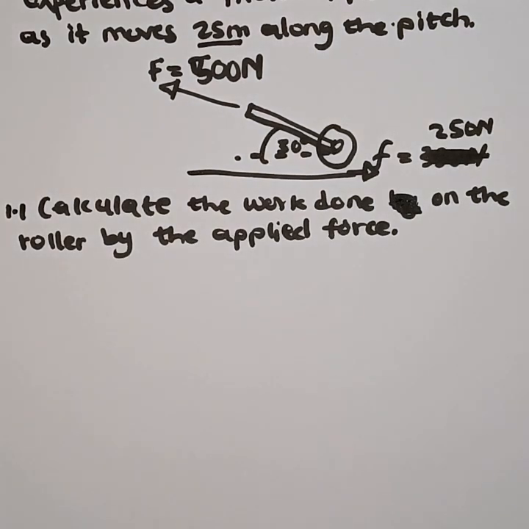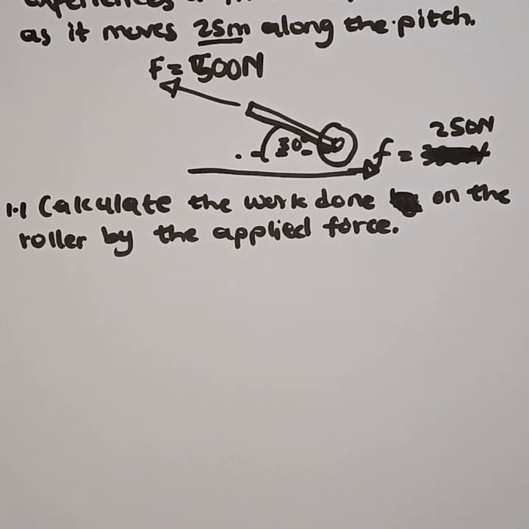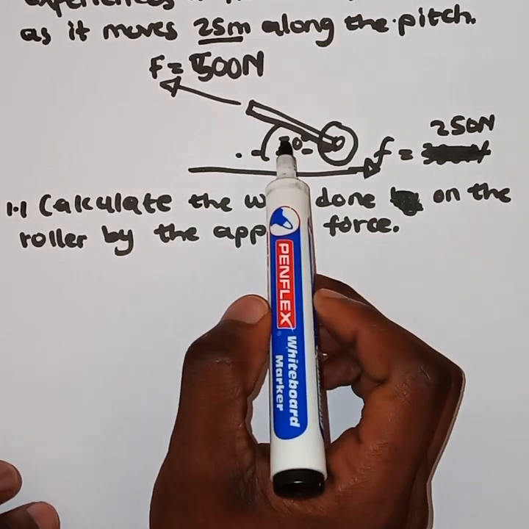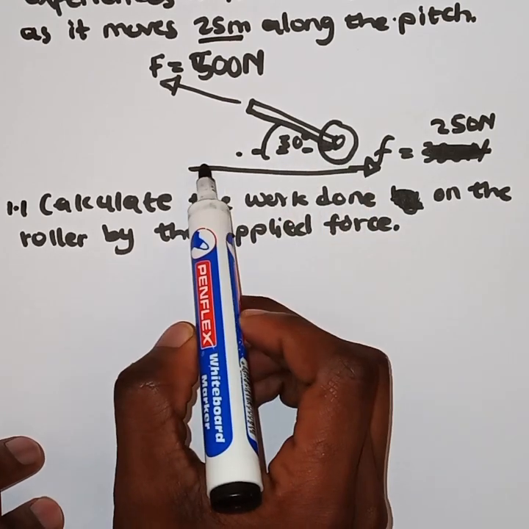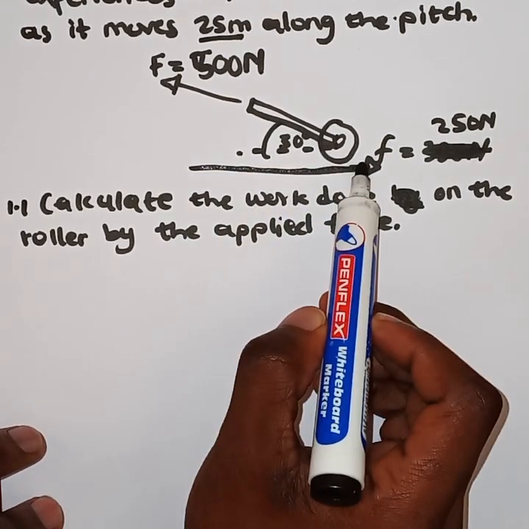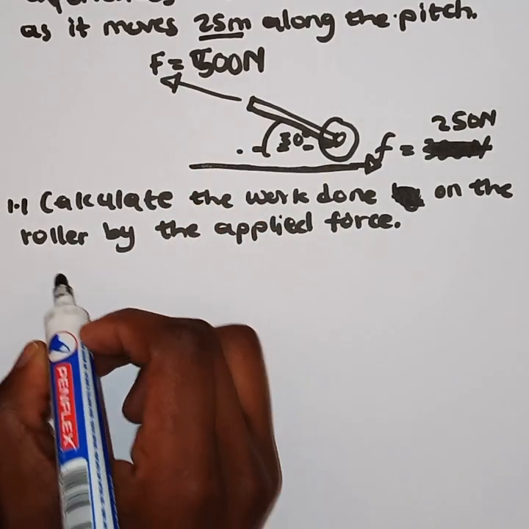By scrutinizing the whole diagram, we can see that the angle here, the 30, is the angle between this displacement and the applied force.